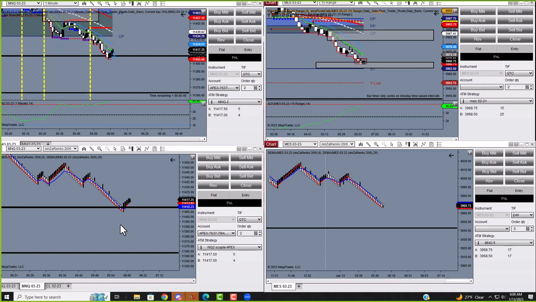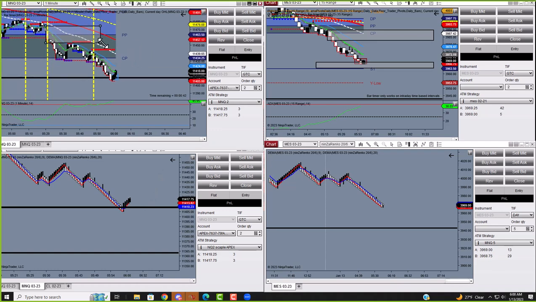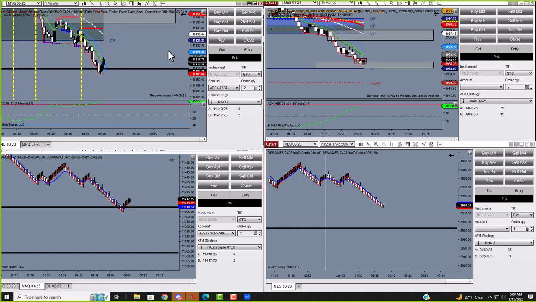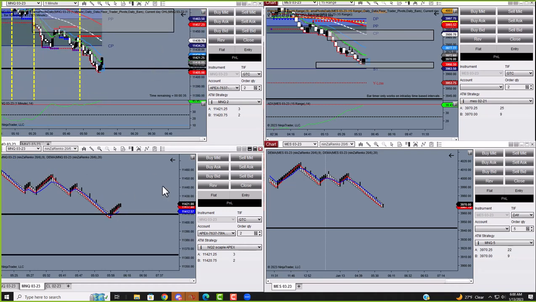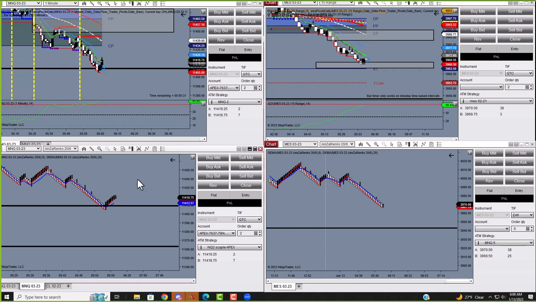The next sell block is 450. So back up here, I really like to see price get back up to here. There was a crossing there I didn't take. That would have given us 10 points right there.